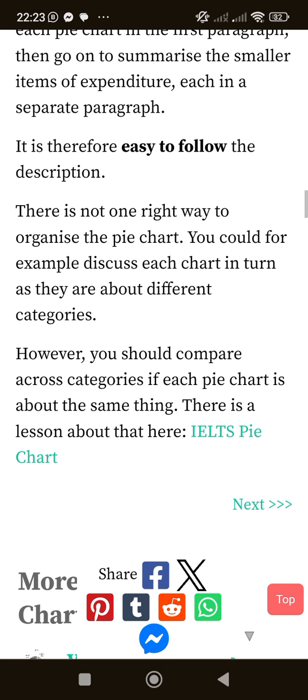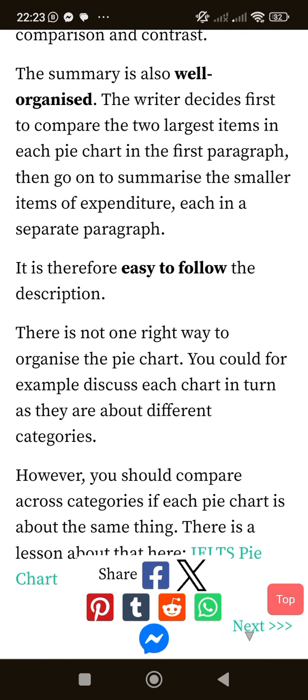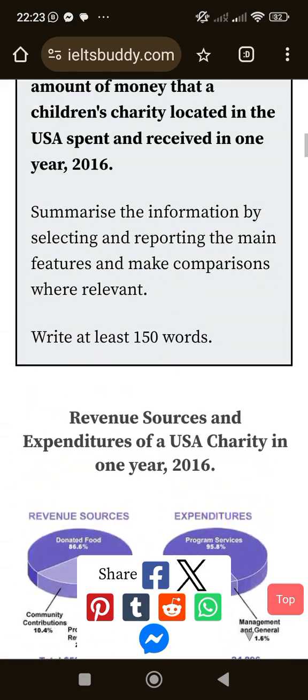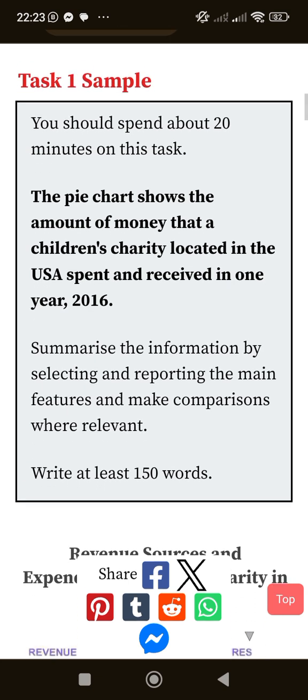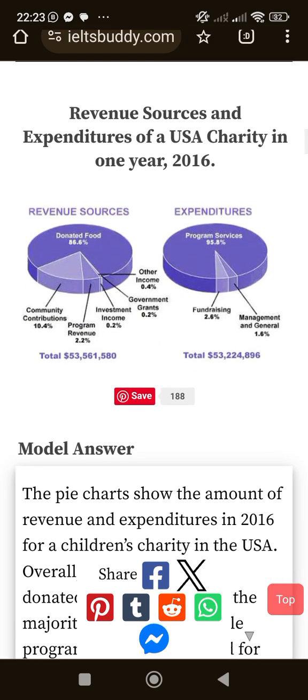You could, for example, discuss each chart in turn as they are about different categories. So these are some comments from the examiner. So you can see how very well done this task was, and how the key points of this very task given were summarized and discussed.